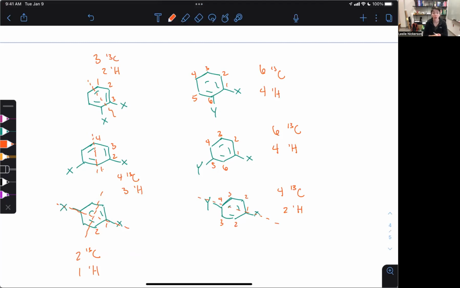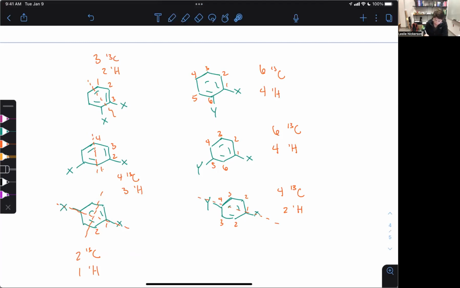Okay, so then we need to figure out, based on these numbers, right? There's only 2 that actually overlap each other completely. So based on these, we can very quickly identify which substitution pattern we have without even looking at integration, well, we looked at integration a little bit, but without looking at the multiplicity or anything like that.